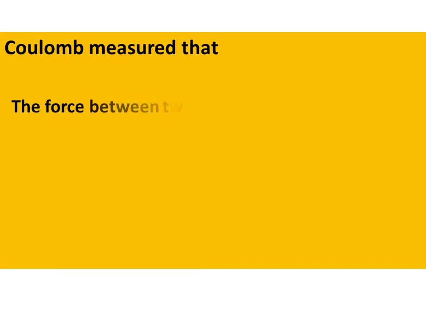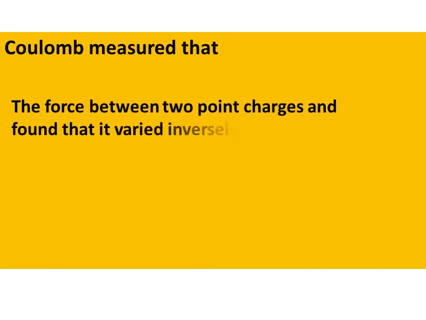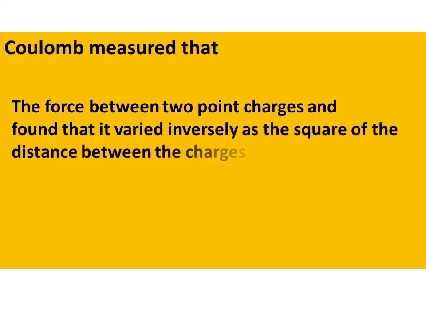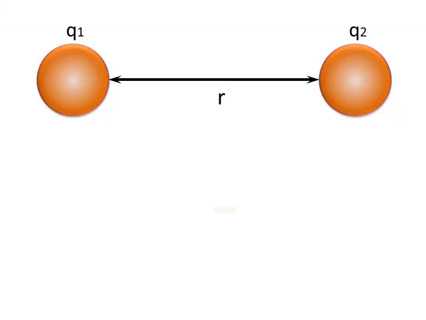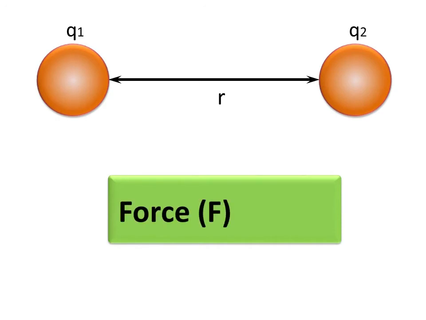It means Coulomb found that the force varies inversely as the square of the distance between the two charges. As the distance between the two point charges varies, the force also varies inversely as the square of the distance, that is r square.